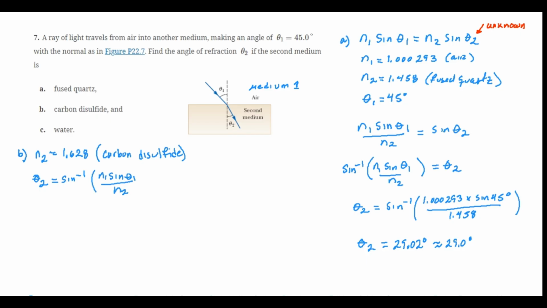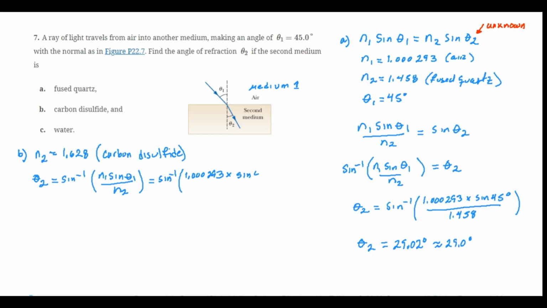What is n1? It is the index of refraction of the air, so it's 1.000293. We have the same angle of incidence, 45 degrees, so the sine of 45 degrees.